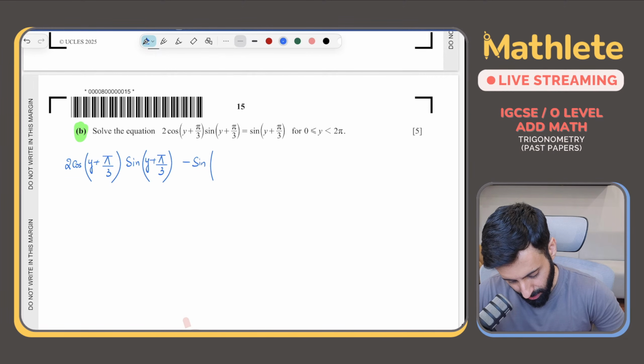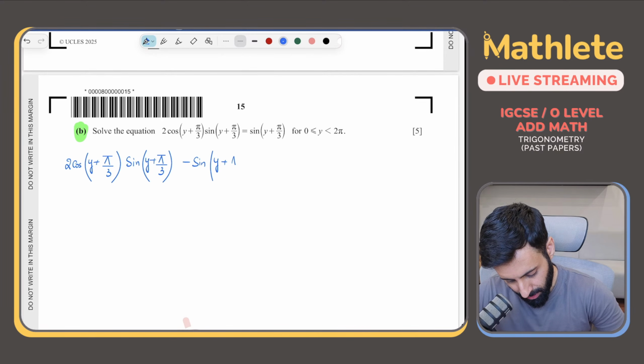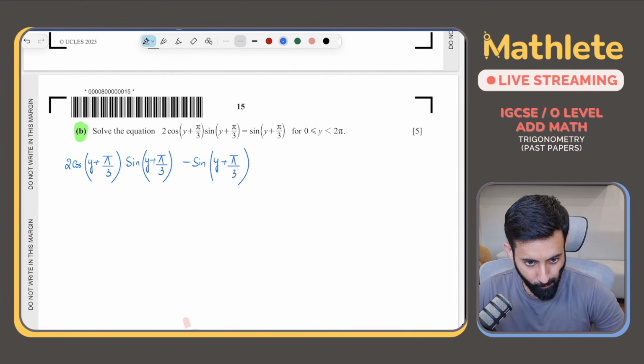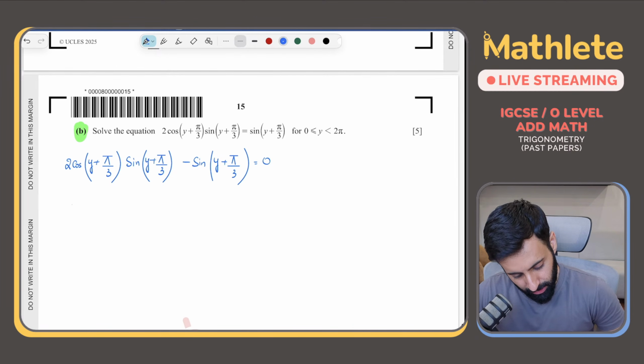ठीक है? And what's the purpose? The purpose of doing this is so that we can take common. Okay? Now let's take common and see what we end up with. So what can I take common? I can take sine y plus pi upon 3 common.